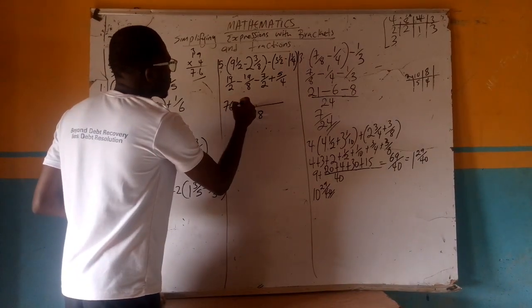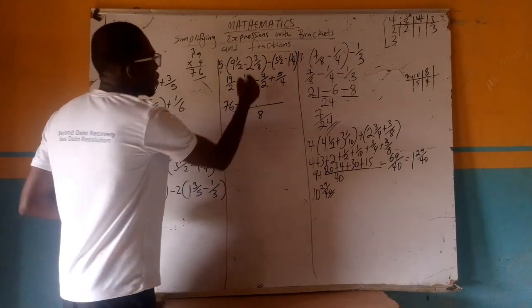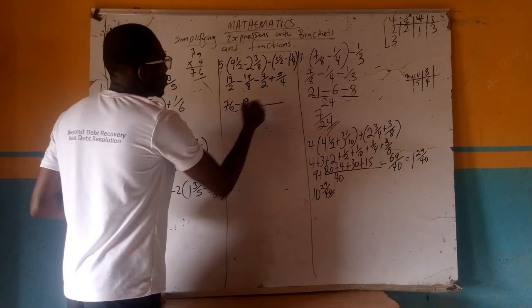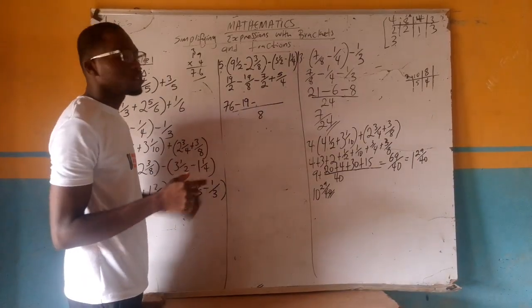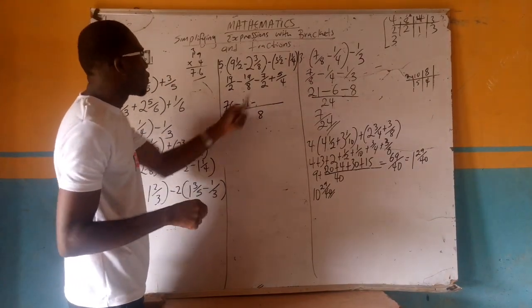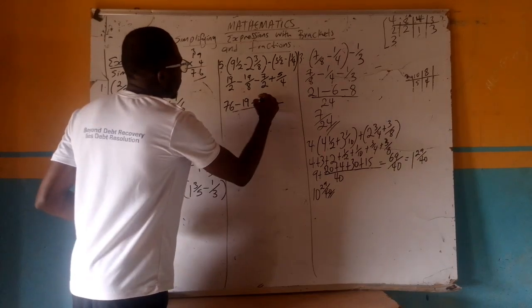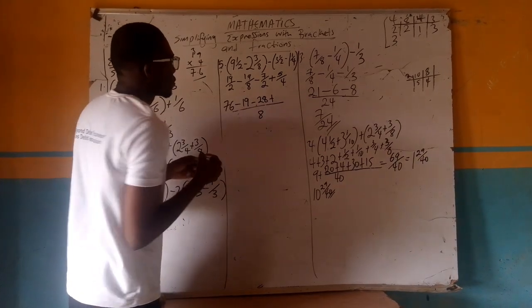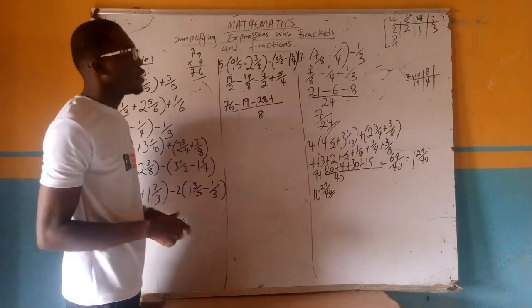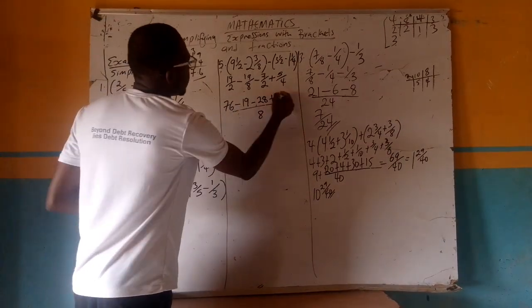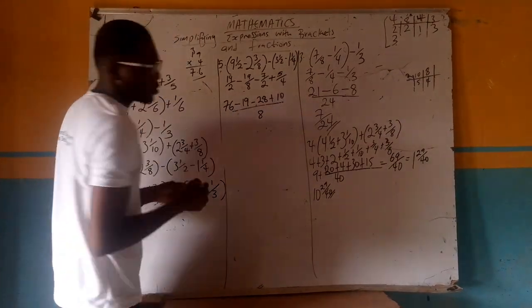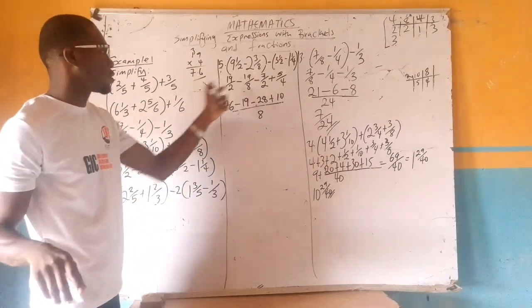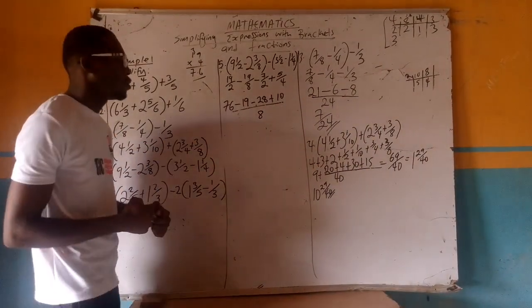So we have 76 minus 8 in 8 is 1. 1 times 19 minus 2 in 8 is 4. 4 times 7 is 28. Then plus 4 in 8 is 2. 2 times 5 is 10. So we solve the numbers that are on top of the 8.